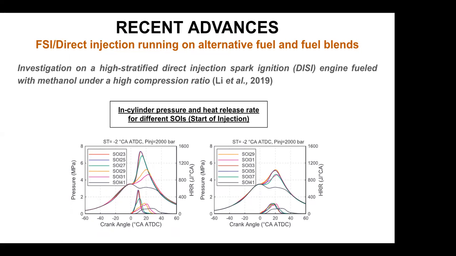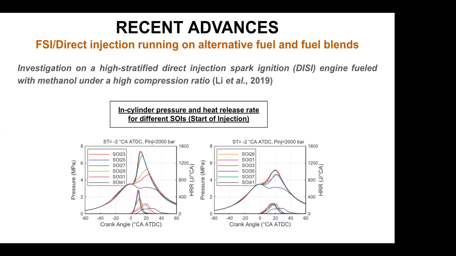However, a non-monotonic variation is observed for the SOI range from -33 to -37 CA after top dead center. When SOI is advanced to -41 CA ATDC, or after top dead center, the flame propagation is so slow that the peak pressure is very low, resulting in very low fuel efficiency and high instability. Thus, only the SOI from -23 to -37 CA ATDC is regarded as the operable range for this engine.